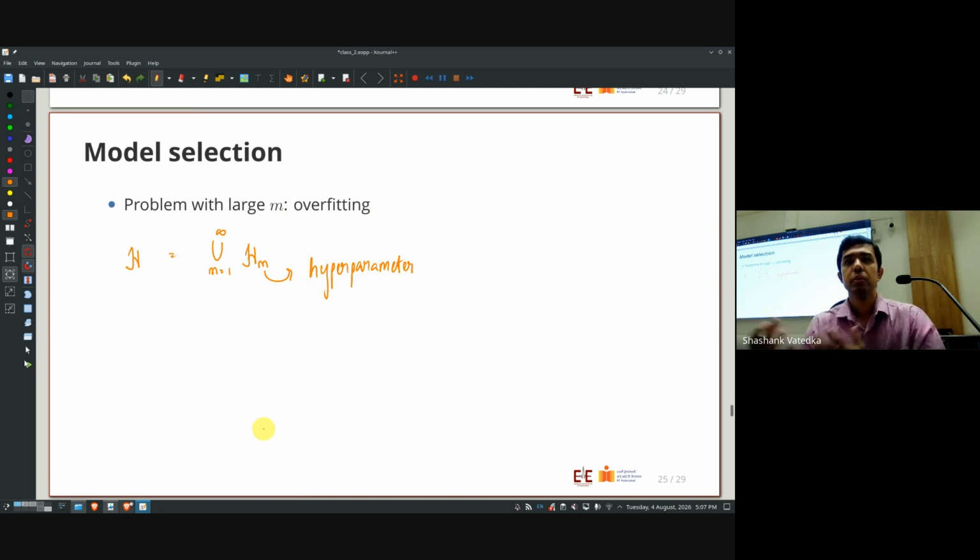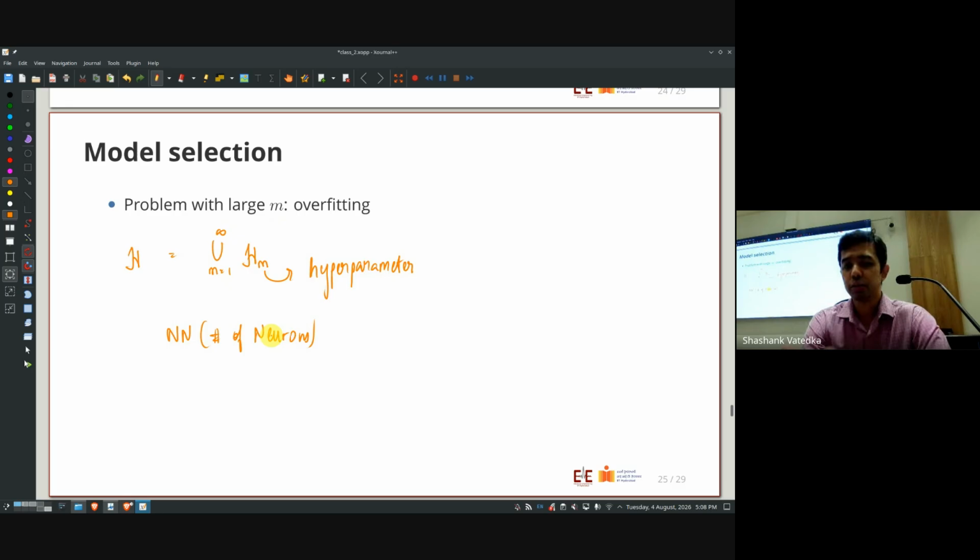For example, if you take a feed-forward neural network, then the number of hidden neurons could be a hyperparameter, because the more hidden neurons you choose, the more the complexity of the hypothesis class increases. How you choose this hyperparameter is totally up to you, and it determines the hypothesis class that you choose.